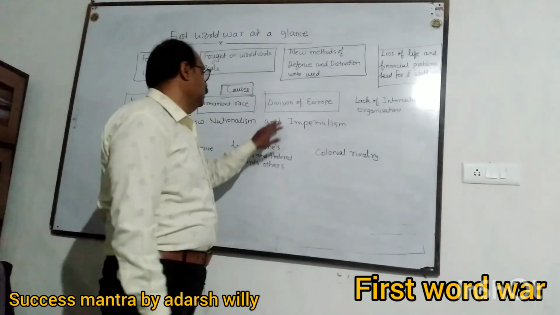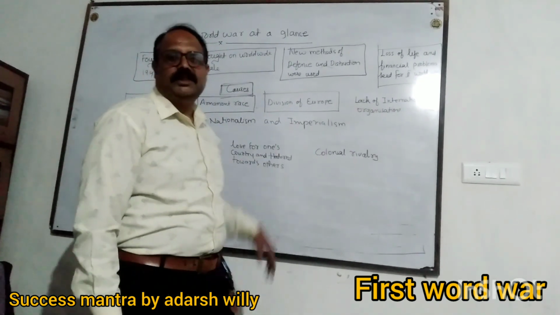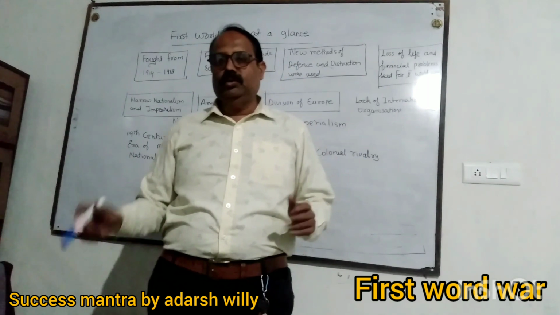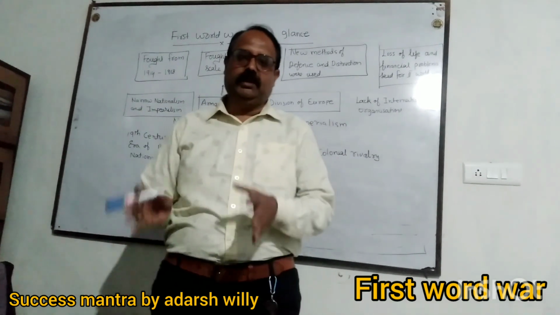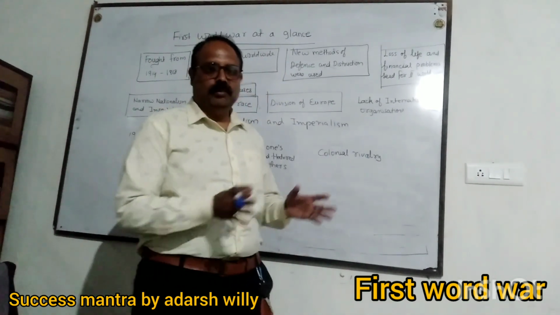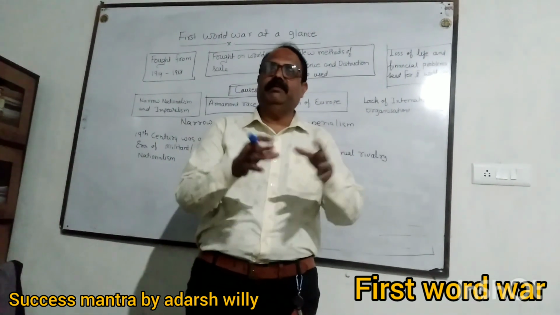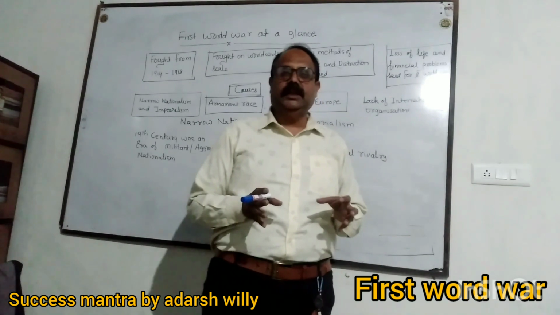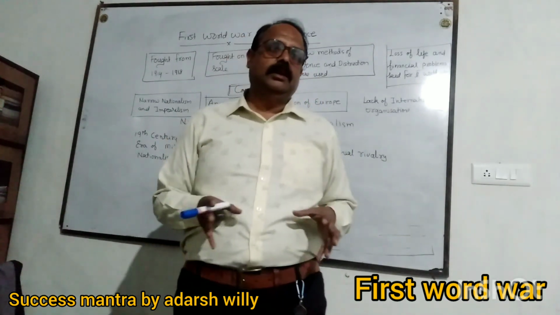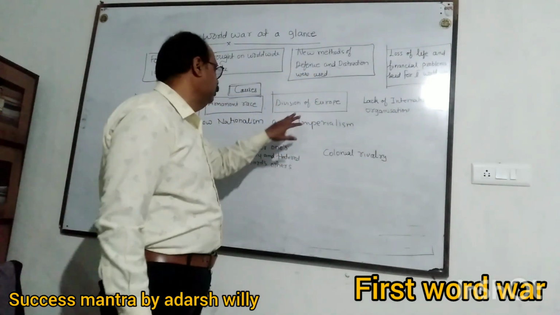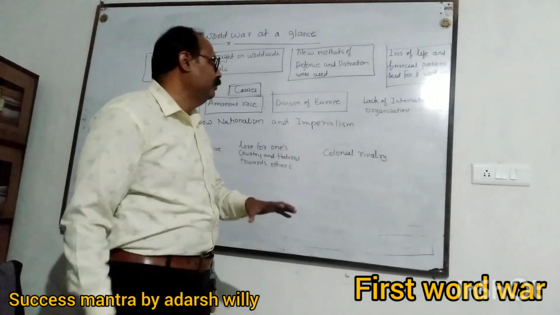Now you can see that we are talking about the division of Europe. Some groups were friendly with one group. So when you have many groups, naturally there is a rivalry among them. This is what happened in Europe.